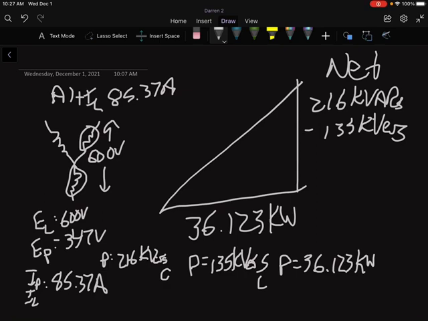So 216 subtract 135, we have 81 kVAR. That is our net value.